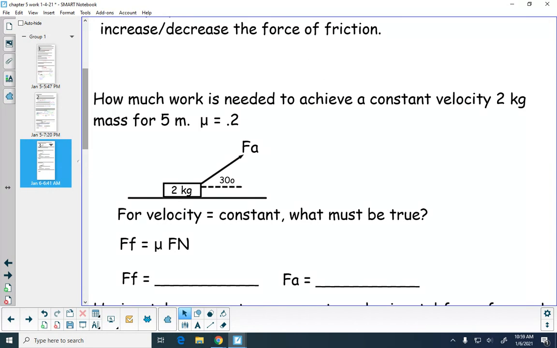So suppose we have, that should be 30 degrees, not 300 degrees. We have a 2 kilogram mass, we're pulling now at a 30-degree angle.